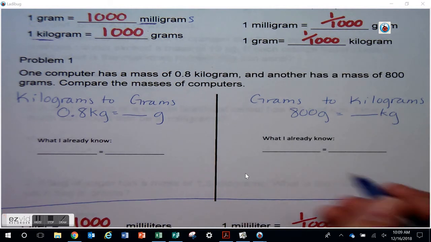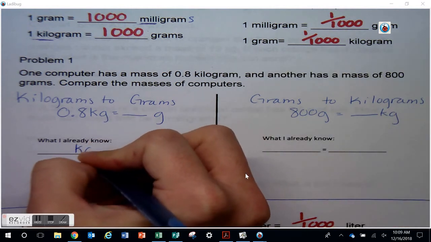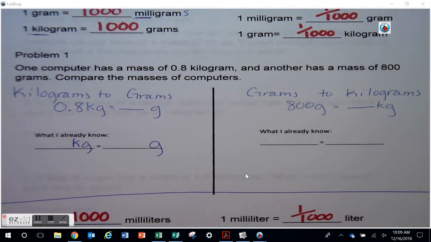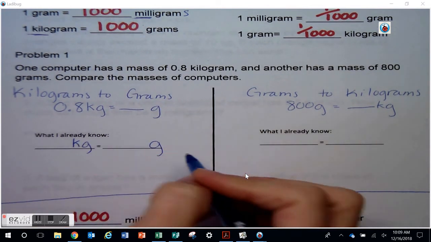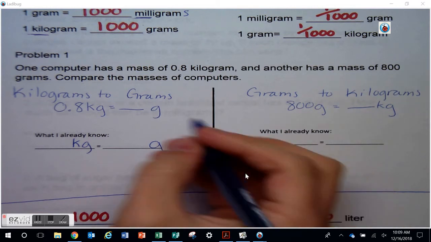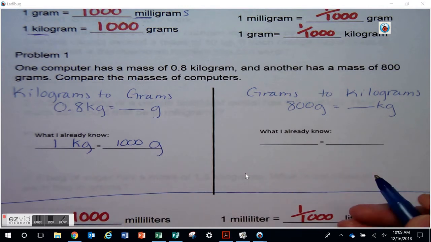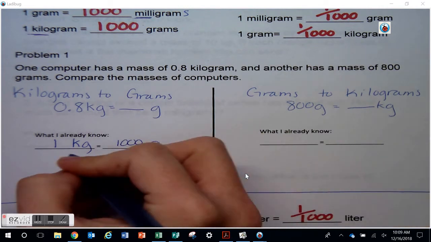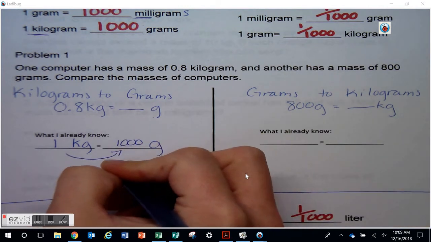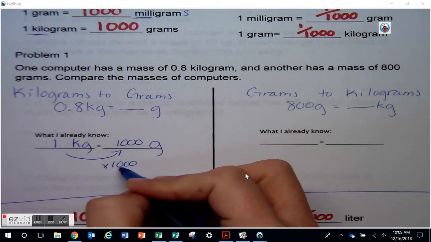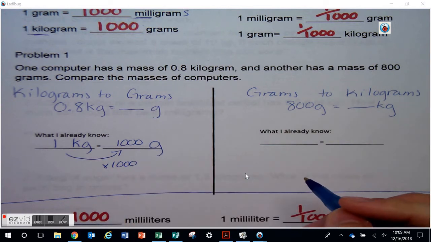So here I have kilograms on the left, I have grams on the right. Always match those up. Write down what we already know about kilograms and grams. I know 1 kilogram equals 1,000 grams. So here I am multiplying by 1,000. 1 times 1,000 equals 1,000.